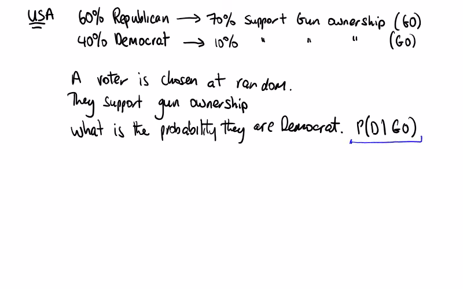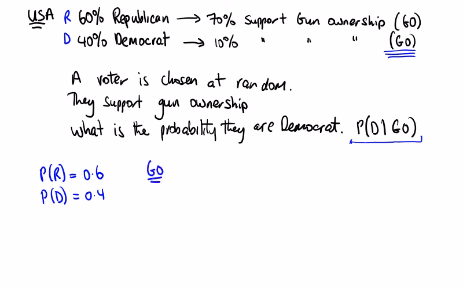So there's a couple of things we need to look at here. Let's let Republican equal R, Democrat equal D, and gun ownership equal GO. Let's write down our probabilities. The probability of R is 60, 0.6. The probability of Democrat is 40, which is 0.4. And then we need to find out how many support gun ownership. Okay, gun ownership.